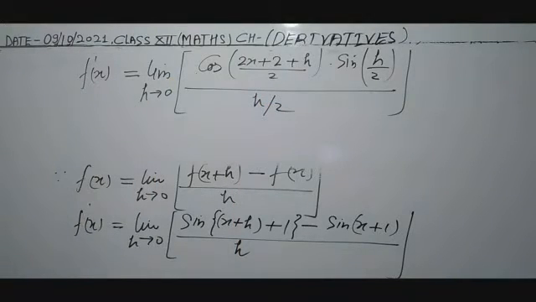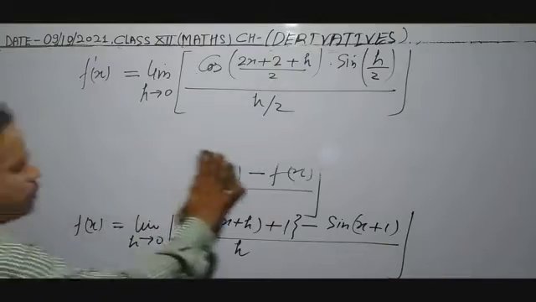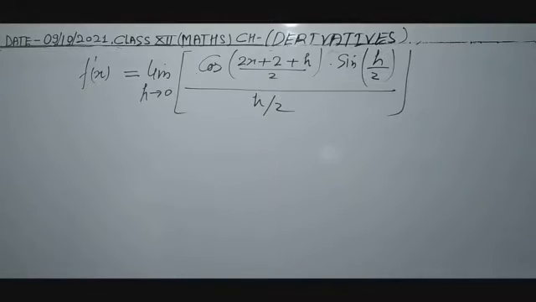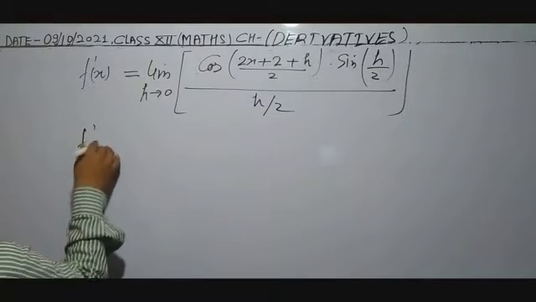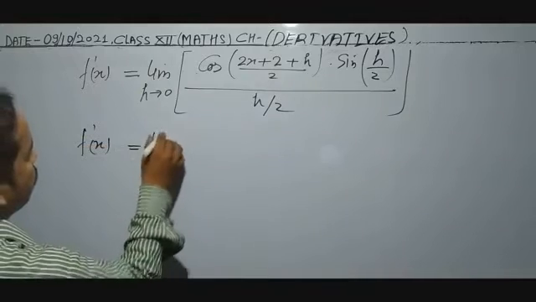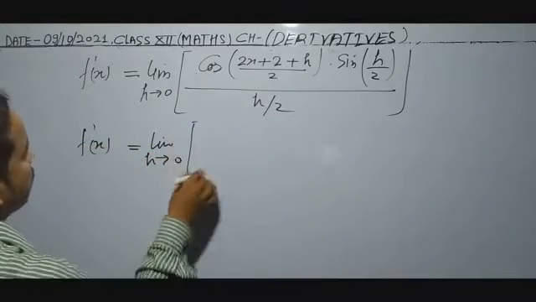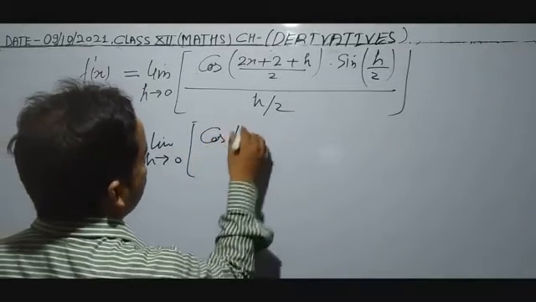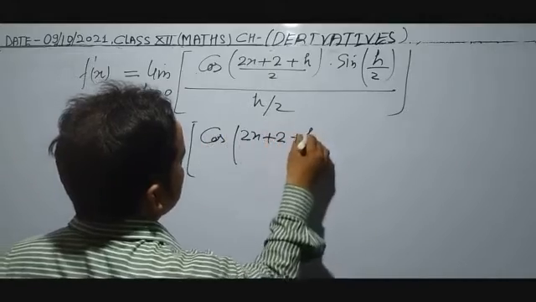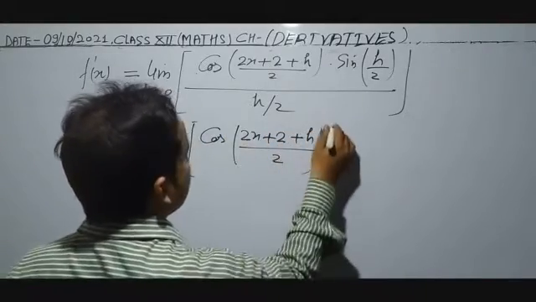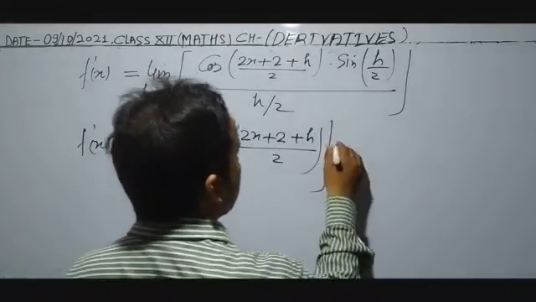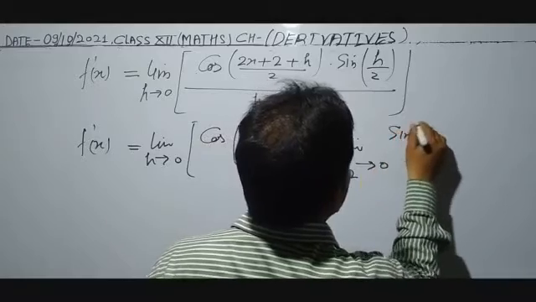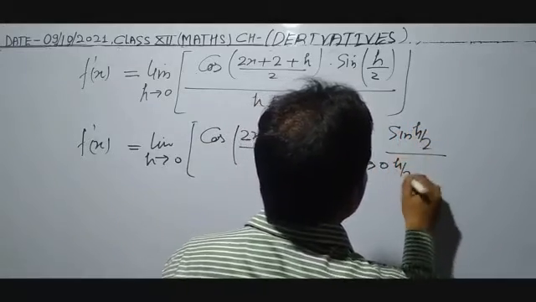Now see the next steps. The next step is f dash x is equal to limit h tends to 0 of cos of (2x plus 2 plus h) by 2, into limit h by 2 tends to 0 of sine of h by 2 whole upon h by 2.